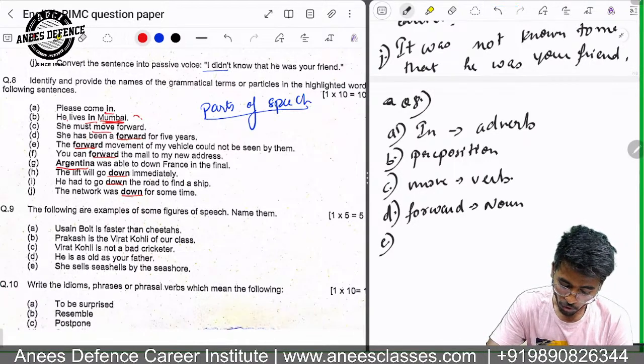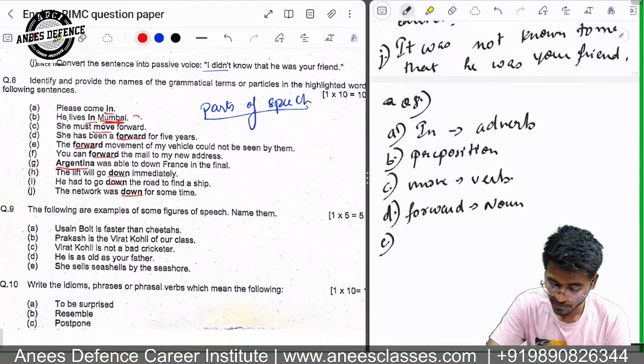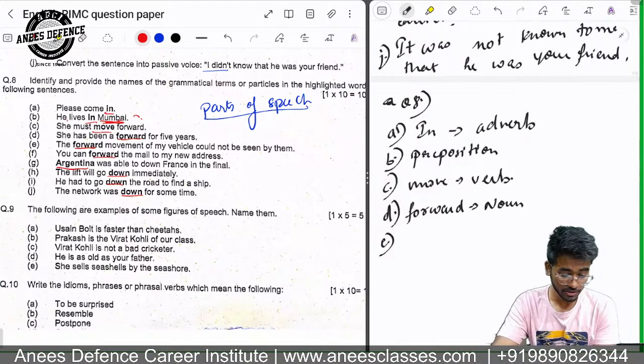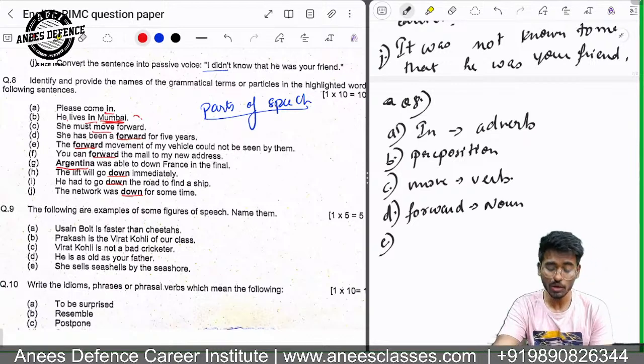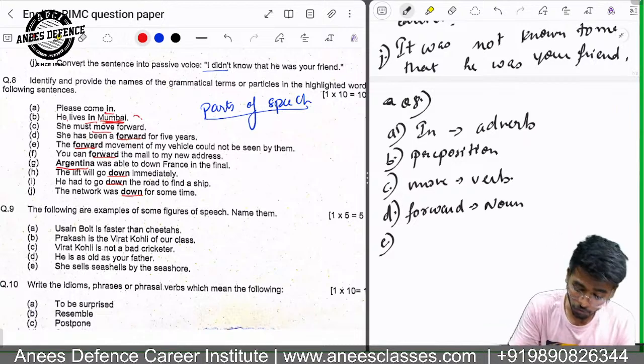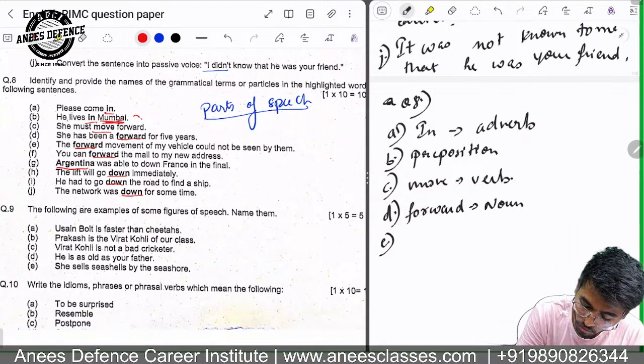Next question. The forward movement of my vehicle could not be seen by them. Now here, movement is nothing but a noun. Sorry, a verb. Movement is a verb. Here the forward word is emphasizing more about the vehicle.